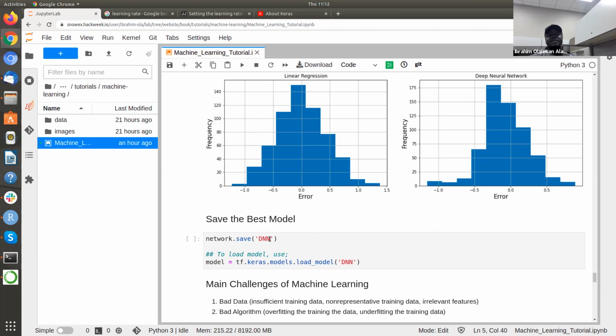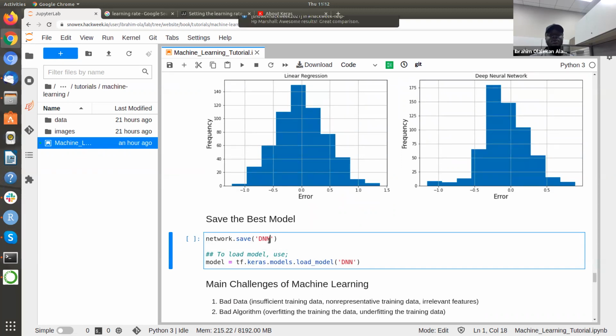So here I'm saving it as DNN. When you run this line of code, it saves this model as a particular folder. By saving the model, it keeps all the weights, all the activations, and every architecture you've used, and then you don't have to retrain your model again. You just have to use it for prediction anytime you want.